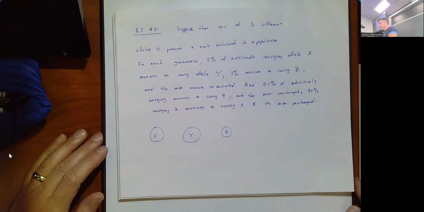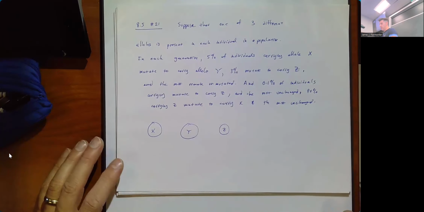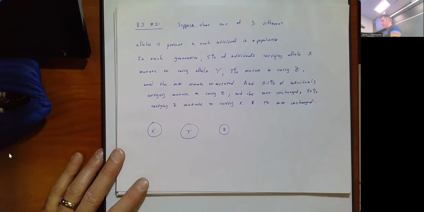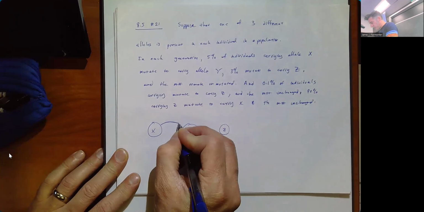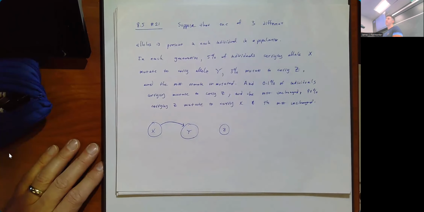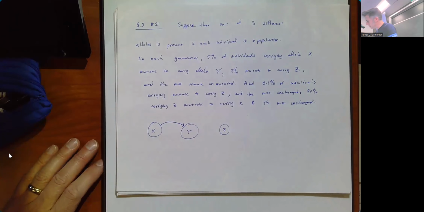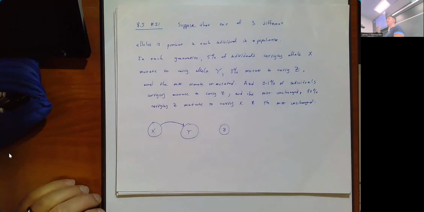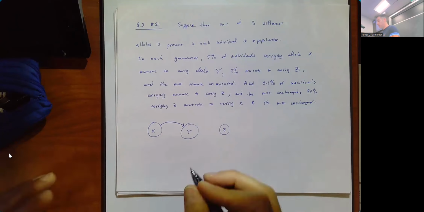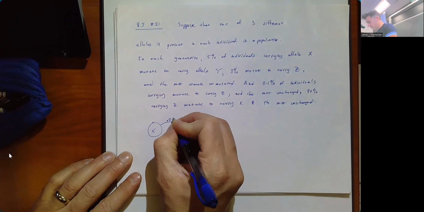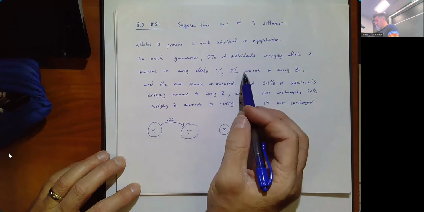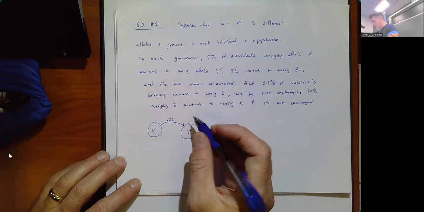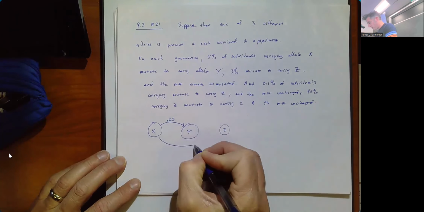Okay. So X's mutate into Y's and Z's. So how much of X mutates to become Y? I don't remember. Was it 3% or was it 5%? 5. But we don't want to write percentages, we want to write decimals. So instead of 5%, we should write 0.05. And what percent of X mutates to Z is 3% or 0.03.